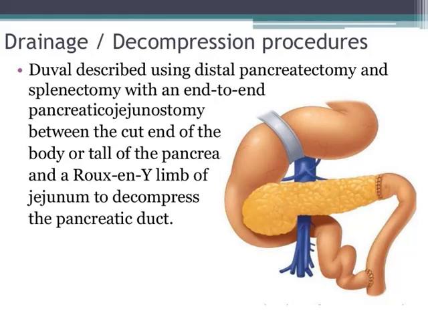Drainage or decompression procedures. Duval described using distal pancreatectomy and splenectomy with an end-to-end pancreaticojejunostomy between the cut end of the body or tail of the pancreas and the Roux-en-Y limb of jejunum to decompress the pancreatic duct.